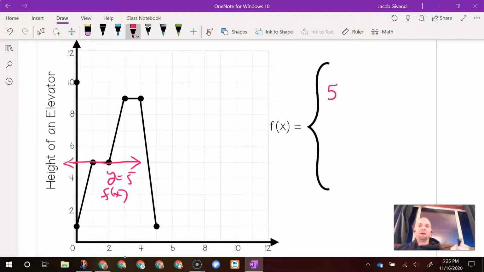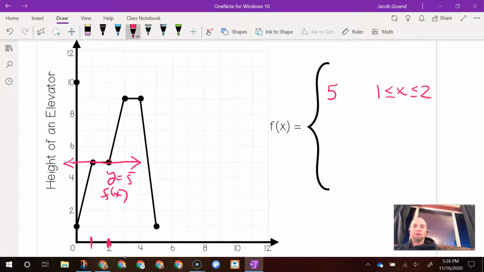It's just 5, and that is from 1 to 2, and they're all filled-in dots. So from 1 to 2, every x in between 1 and 2, y is 5. So that means x is greater than or equal to 1 and less than or equal to 2. So we've already done this one right there. Now let's do the other one.